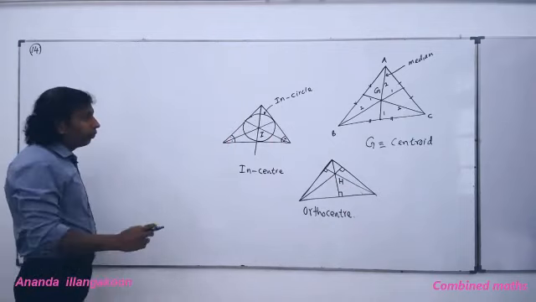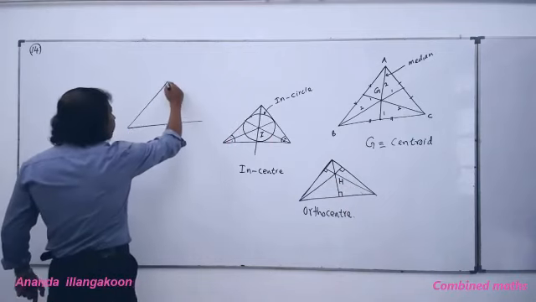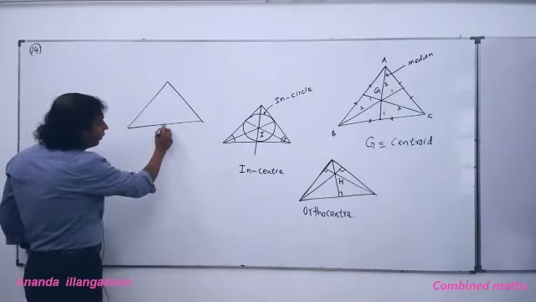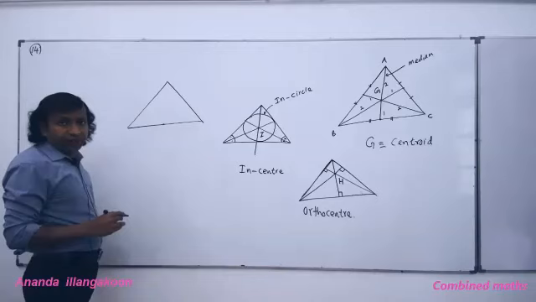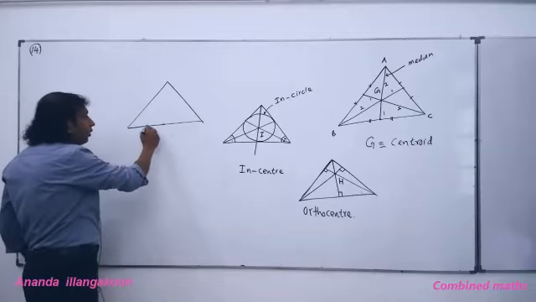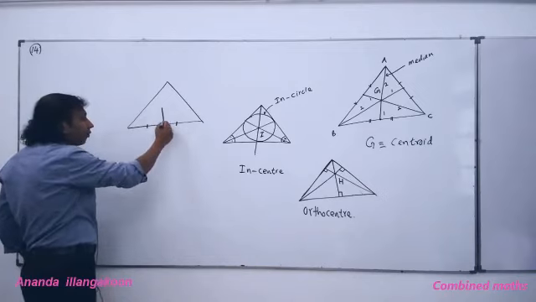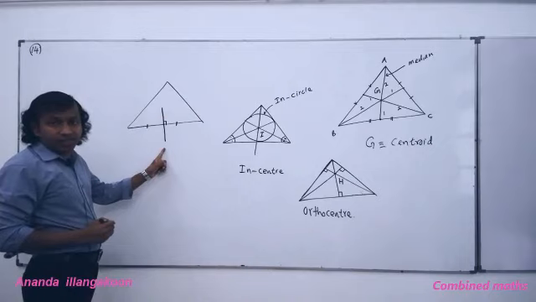Another one: when we consider a triangle like this, select the midpoint of a side. At that midpoint, draw a perpendicular to this side like this. This is called the perpendicular bisector of the side.